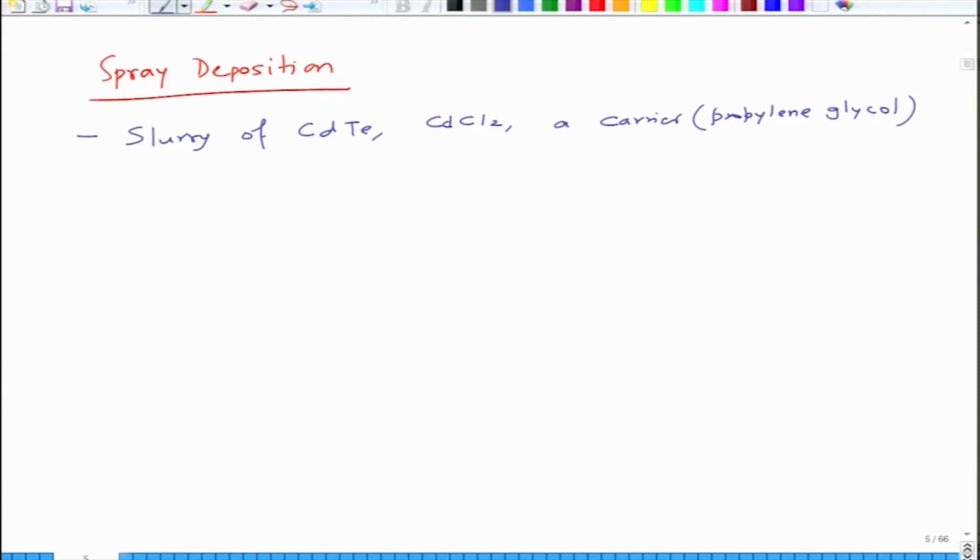So basically you make a mixture in a solvent, spray it on a substrate, followed by heat treatment at about 200 degrees centigrade to 500 degrees centigrade, and sometimes oxygen is also used in the later stages. After this one deposits the CdS layer on it.